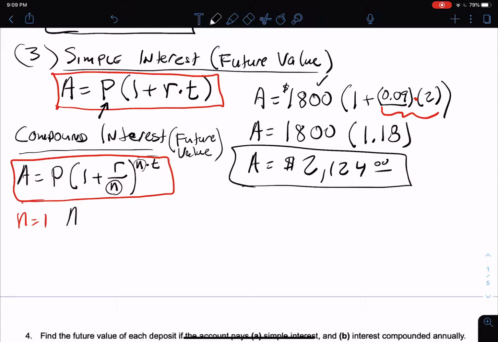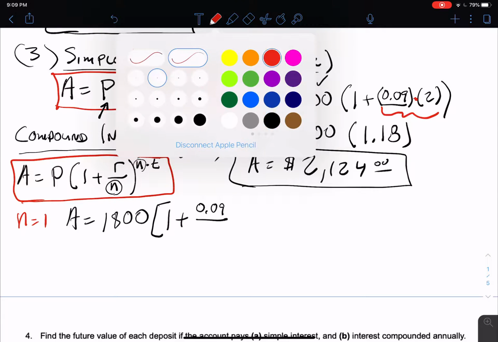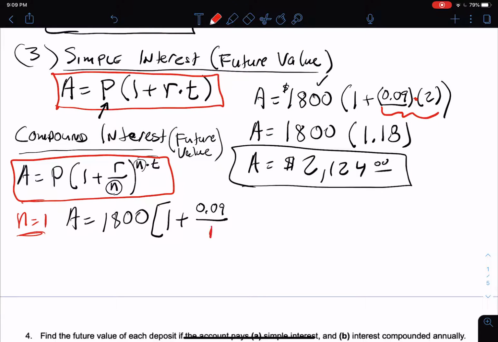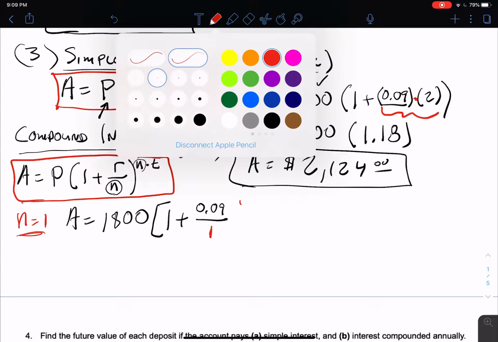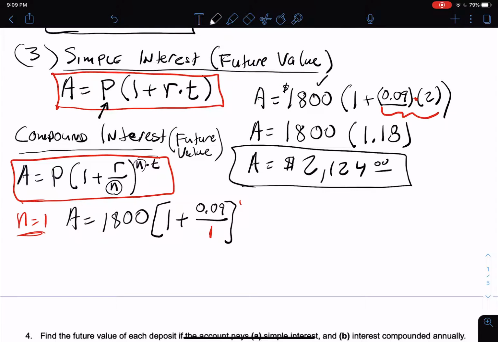So now what we have is the amount equals our principal, which is the same as before, 1,800 times, and I think I'm going to use brackets here, 1 plus our interest rate, which is still 9%, so 0.09, divided by our n, which is our compounding periods, and that is just going to be annually, so that's just a 1 there. And then it's raised to the n, which is 1 again, times how many years? I think we said 2 years.